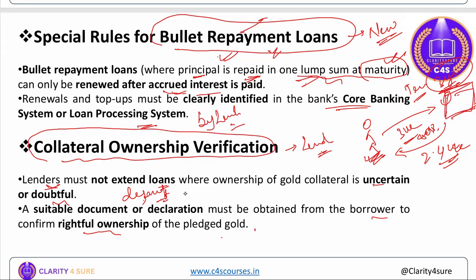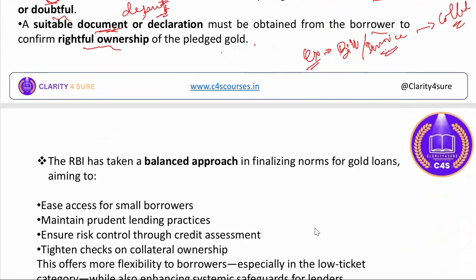So whatever gold he or she is putting to the lender to avail the loan, they must provide proper documents. Means documents like, for example, the bills, the invoice of that particular gold which he is putting in the form of collateral, okay. The proper document should be there, then only the ownership can be verified, right?